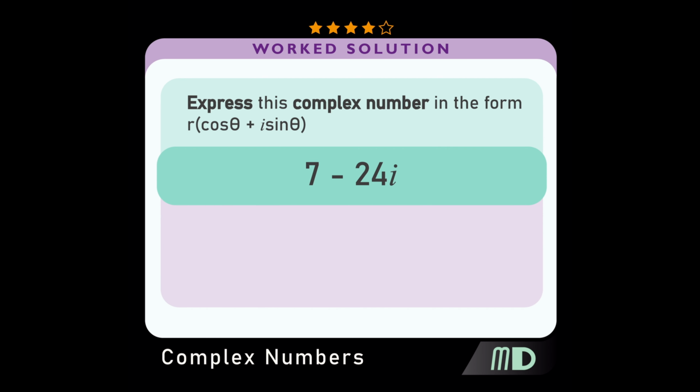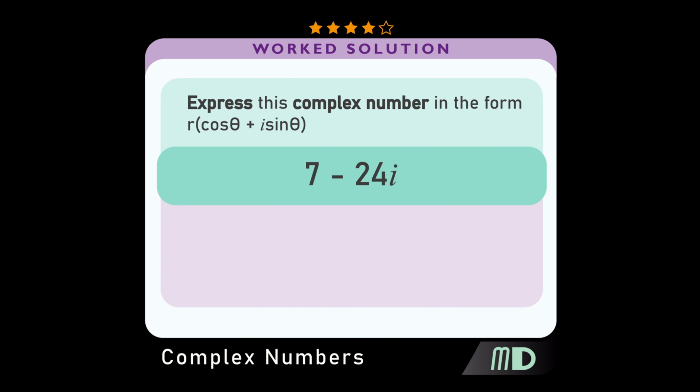Finding the modulus of a complex number is a three-step process. First, we need to square the real and imaginary parts of the complex number. Then, find the sum of those values before taking its square root.